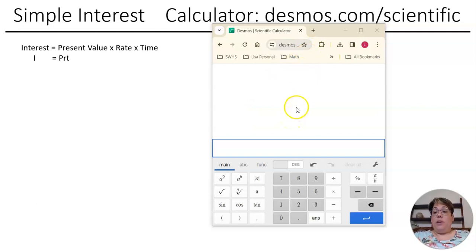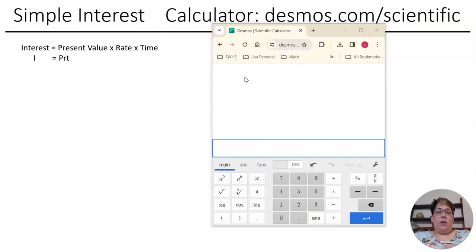It's free for you to use, and you're welcome to go to desmos.com/scientific, pull that up, and follow along as I go through the examples. So you'll see me using it on the screen as well.